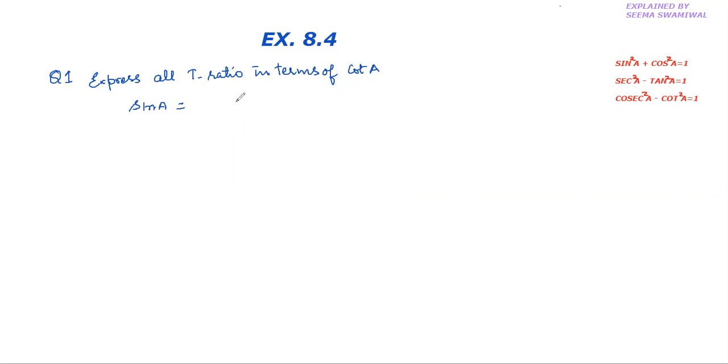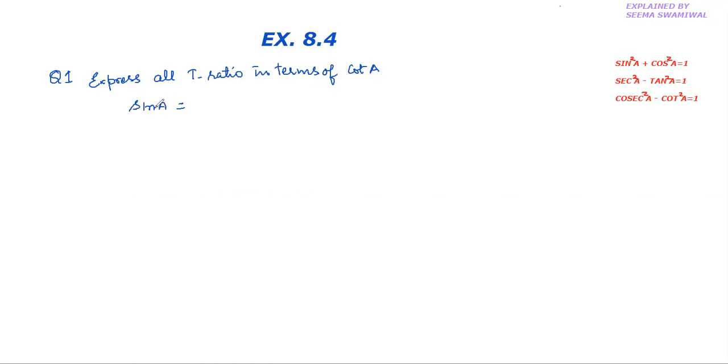That relation we need to find out. That means this side it will be sine A, and on the other hand side we should have cot A plus something or minus something. There should be some relation between sine A and how sine A is related to cot A. Basically you want to find out that.